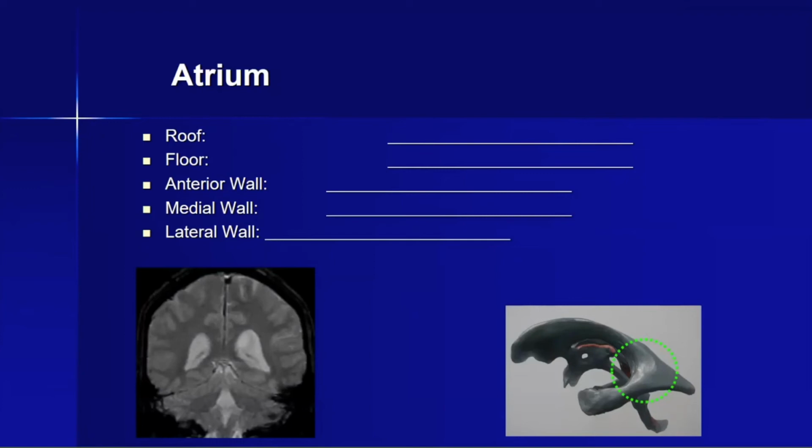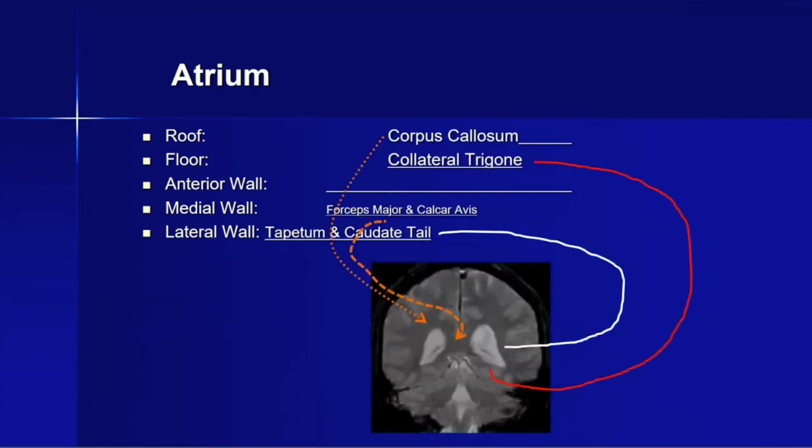So the atrial anatomy is a little bit more complicated because there are more structures here. The anatomical landmarks are defined again by the roof, the floor, the anterior, medial, and lateral wall. So excuse my squiggly lines, but it'll hopefully help you orient the different anatomical landmarks.